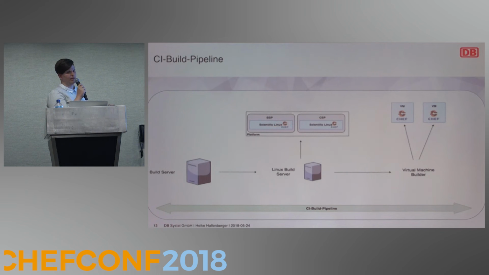So the Chef client then takes over and sets everything up on the platform as needed. For our virtual machines, we use Packer to build them, and the Packer run also includes the Chef client run. So after everything is built, we put it together in our lab, and we are able to test what we did there.